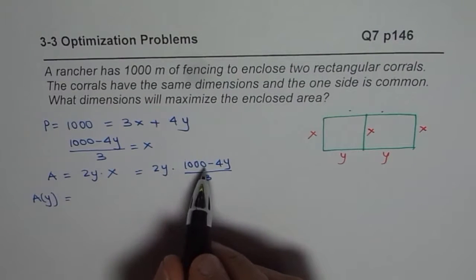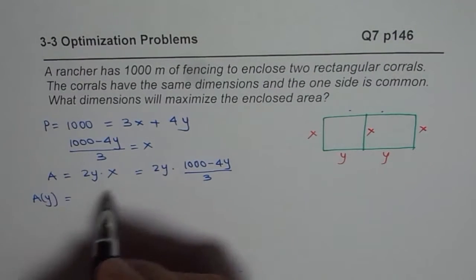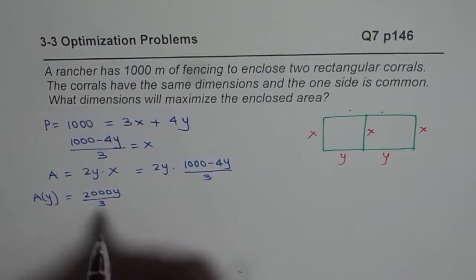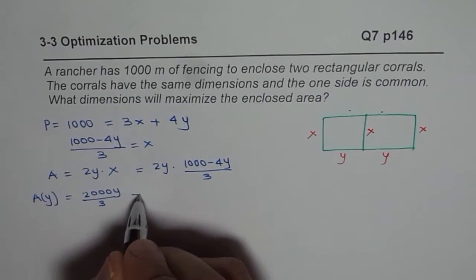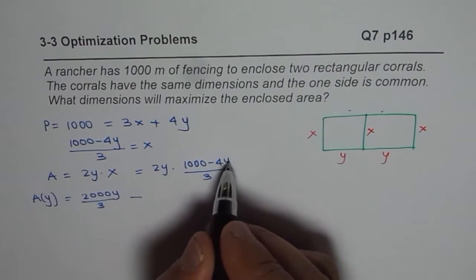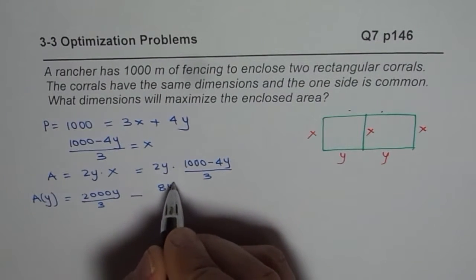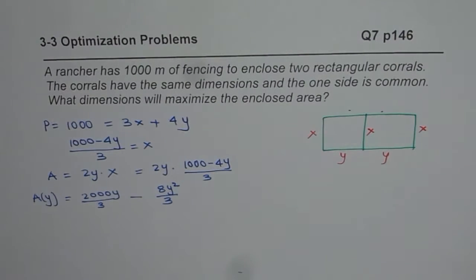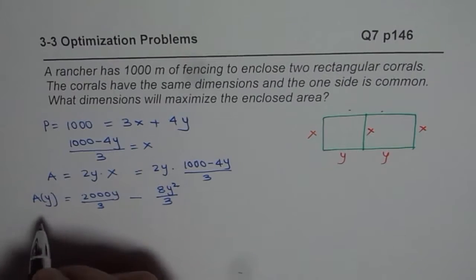So let's open the brackets. It's kind of simple, right? So we get 2000y over 3 as the first term, and then the second term will be 8y squared over 3, right? It's not a bad idea to actually expand this and then find the derivative.